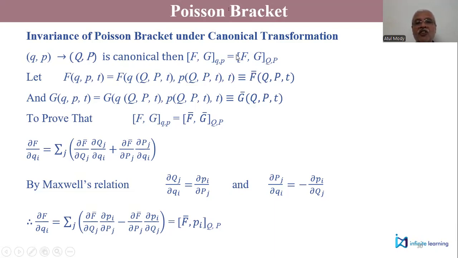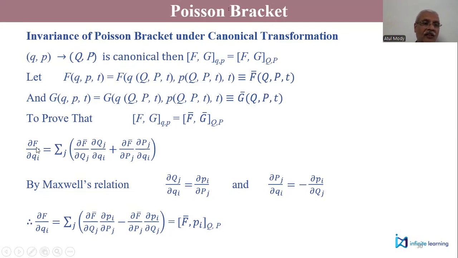So whatever is the functional form of f and g, they would change. We would represent them by f bar and g bar. For a mathematician, it's very important. For a physicist, we say, okay, look, I'm talking about the same function. And you want to prove that both the Poisson brackets will be the same.